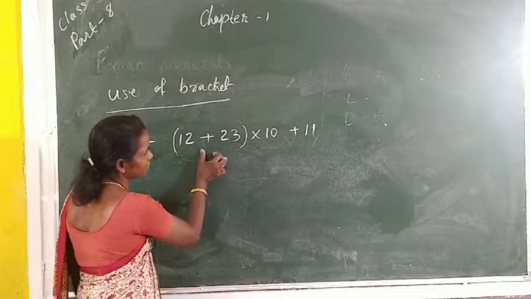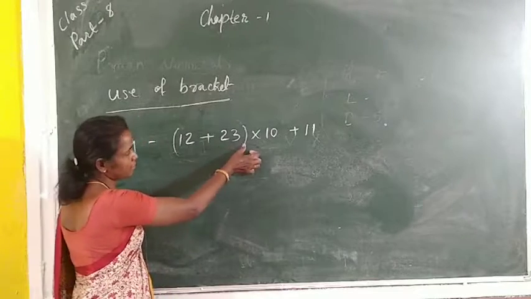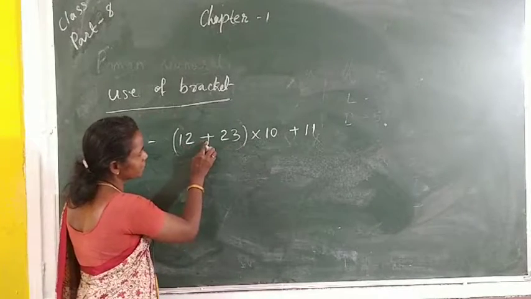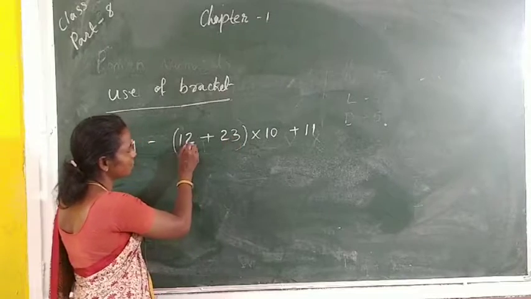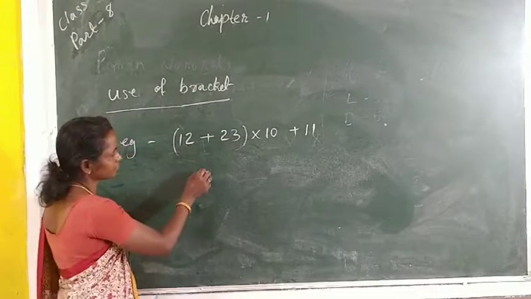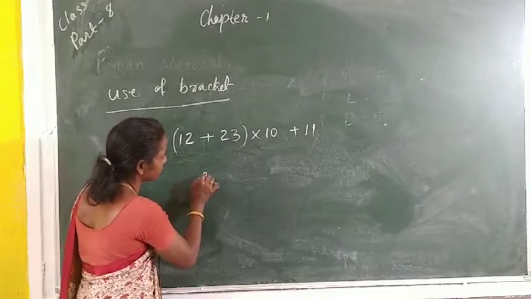First solve this, which operation? Addition. 12 plus 23 means 35.